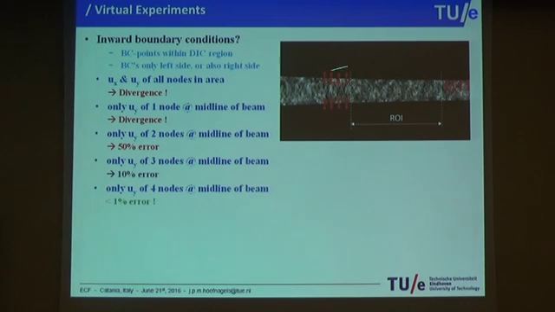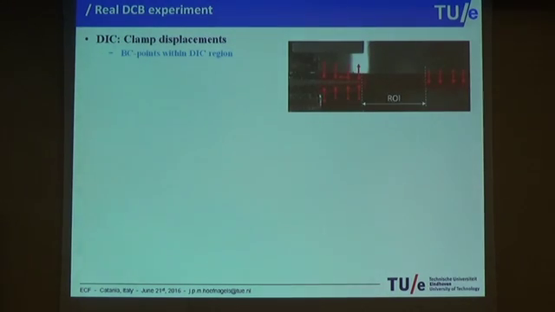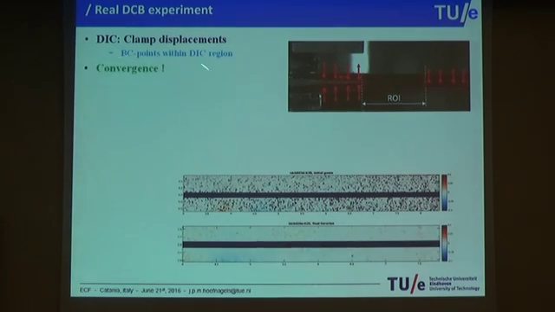So this was a whole study to figure out what kind of boundary conditions to apply. Let's do this now in the real experiment. We have this region from which we do a local DSC, we extract these 4 points, and we apply the curvature, which is linearly changing. Now it's converging.